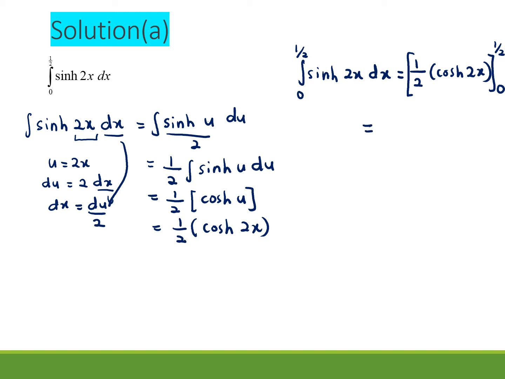So we substitute x with 1 over 2 and 0. We get 1 over 2 cos hyperbolic 2 times half, minus 1 over 2 cos hyperbolic 2 times 0.